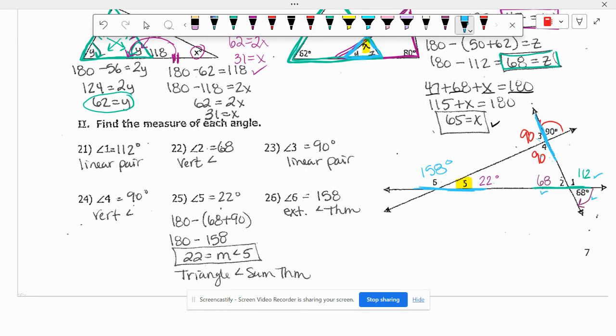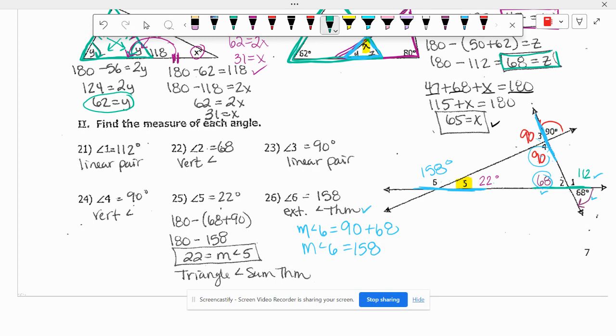You could use the exterior angle theorem, which says the exterior angle, the measure of angle 6, equals the sum of the two remote interior, 90 plus 68. So the measure of angle 6 equals 158. That's the exterior angle theorem.